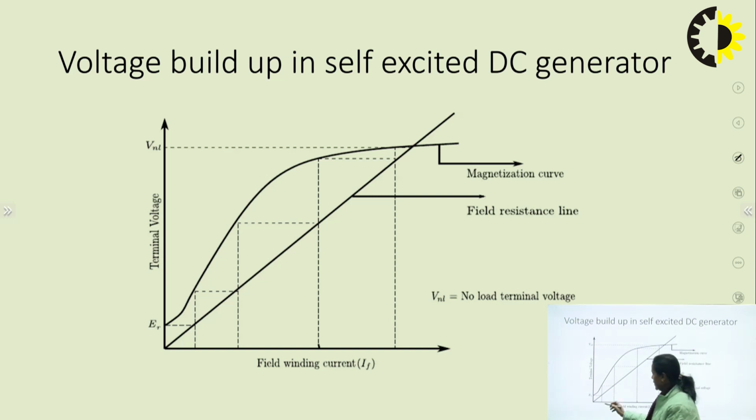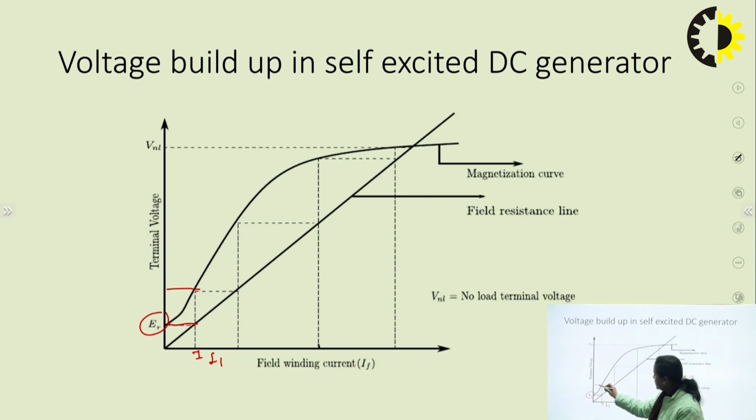A small EMF will get generated because of the residual magnetism, and because of that there will be a field current, suppose this is IF1. Now because of this field current more flux will be produced, and because of that more EMF can be induced.